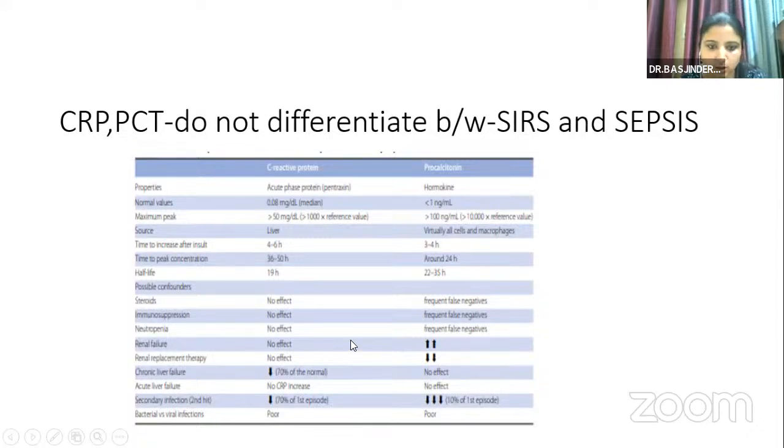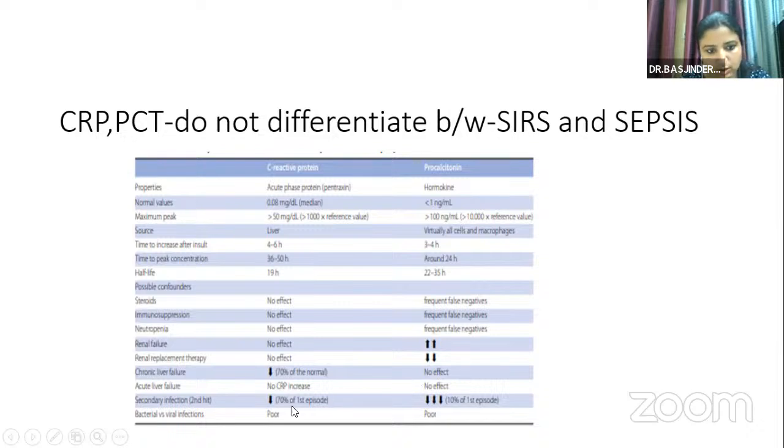But still, I will say it depends on the clinical features of the patient and the way towards which we are heading with the help of our empirical therapy. In CLD, CRP decreases to about 70% of normal, as we learned that CRP is mainly secreted from the liver, but acute liver failure has no effect on CRP. And PCT has no relation with ALD or CLD.